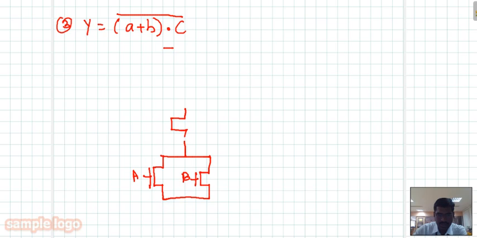So here it should be C, and here it is connected to ground. It should be connected to output Y equal to (A plus B) into C whole bar.